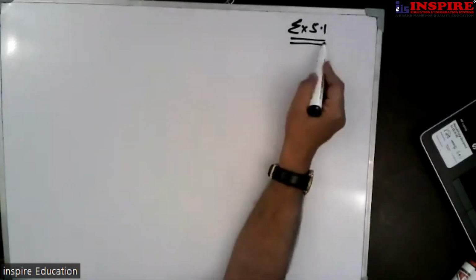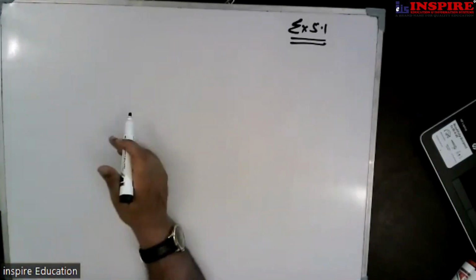Now we're going on to exercise 5.1, and there are multiple questions in this exercise. There are approximately 10 or 11 questions which you guys can attempt. But I will not go to the 10th question.